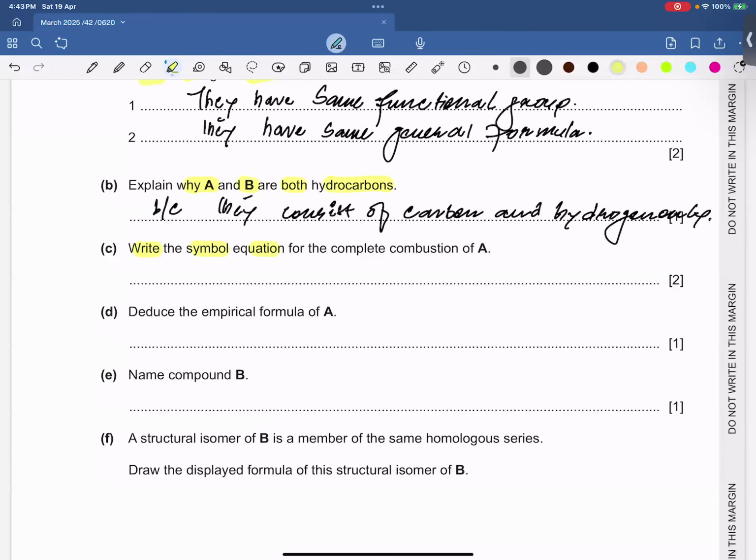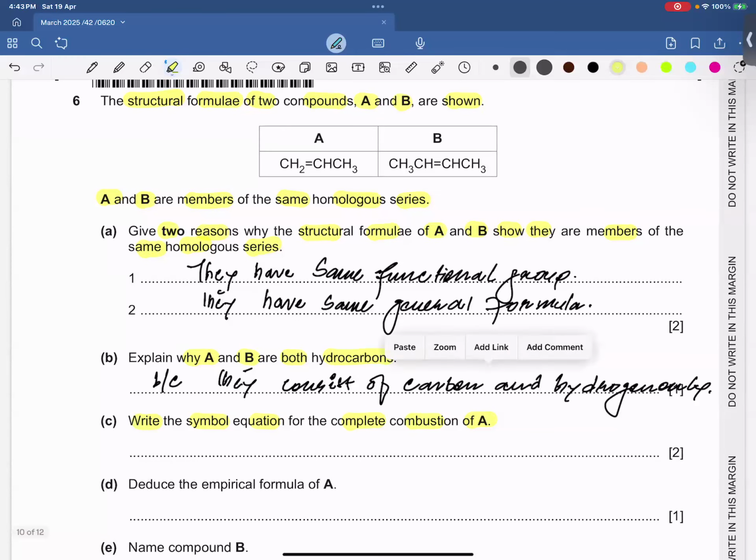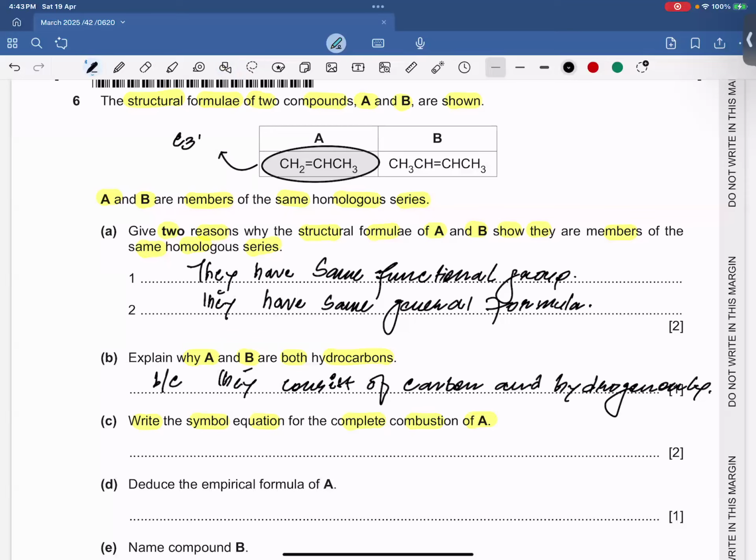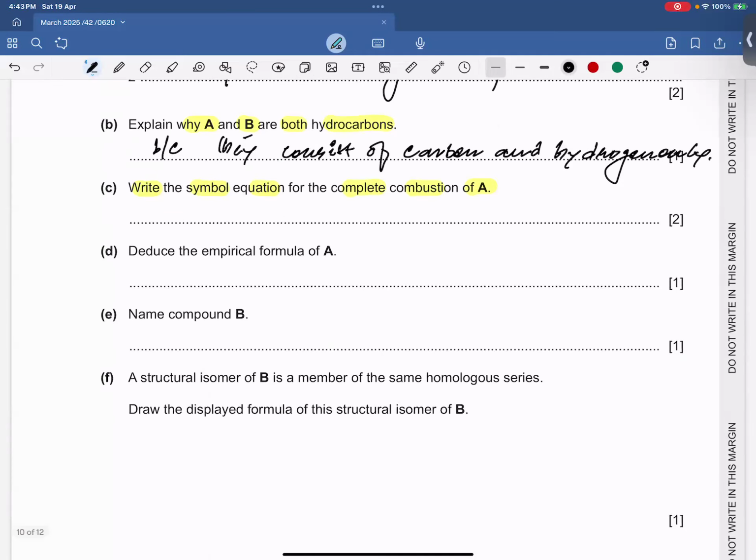Write the symbol equation for the complete combustion of A. The formula for this compound is basically C3H6. And the molecular formula of this compound is basically C4H8. So the examiner is looking for compound A, so it's C3H6.